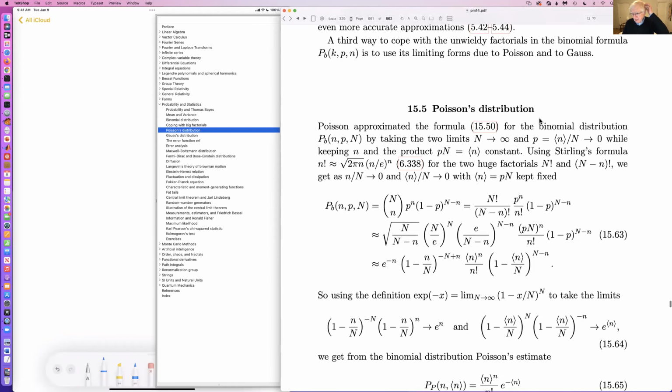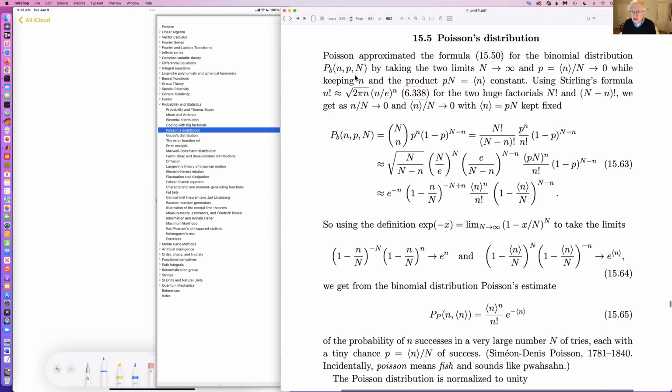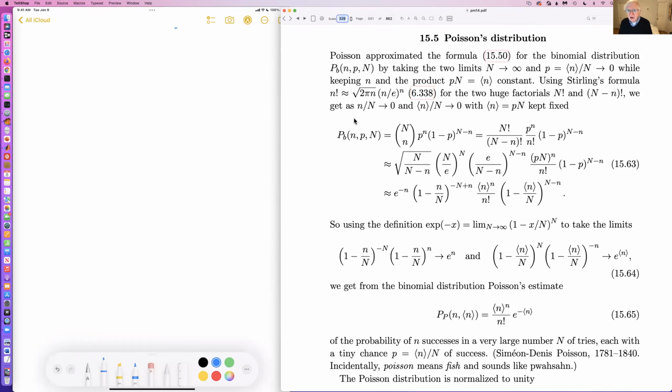So that's one way, but something that is very useful, or in certain limits more useful, is what Poisson did. He said, well, let's take the limit in which capital N, the number of trials, is huge, and the probability of success on each trial is essentially zero, and then compute what this binomial probability is, and approximate it in this limit.